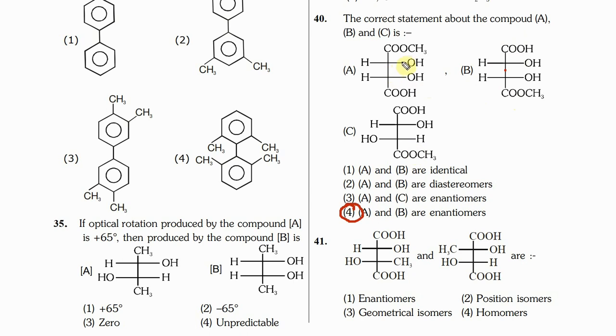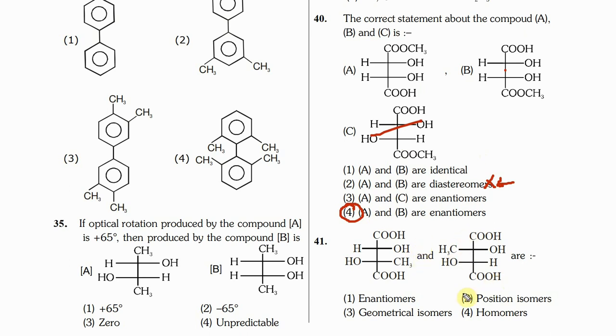Now you take this one. Both OH groups are on the right side. If you flip them, they will be on the left or the right, or they will be opposite. So it is going to be a diastereomer with either A or B. If it's a diastereomer with A, it's a diastereomer with B. But what have they given for diastereomer? They have given A and B. So the option is wrong. So it is going to be delta.